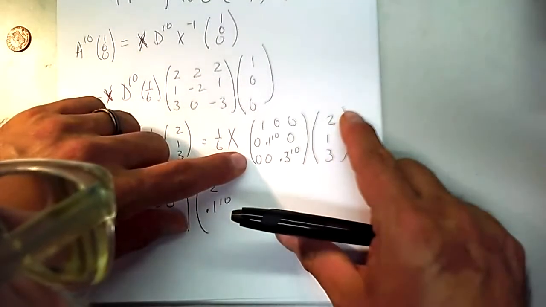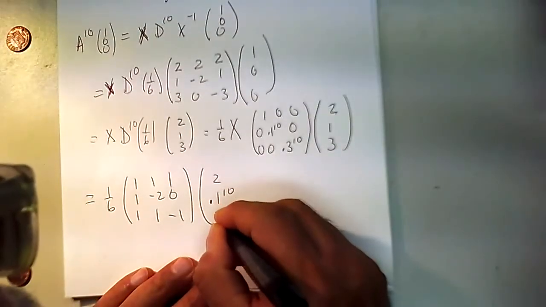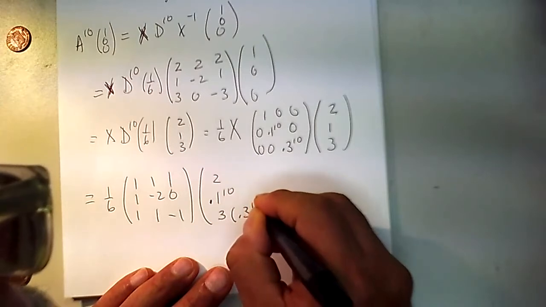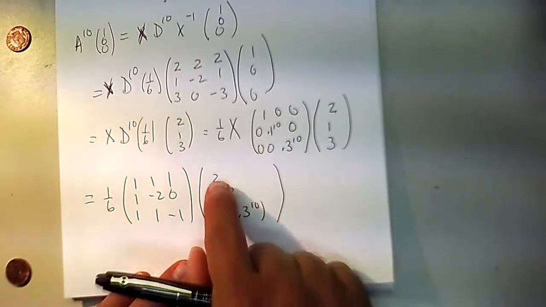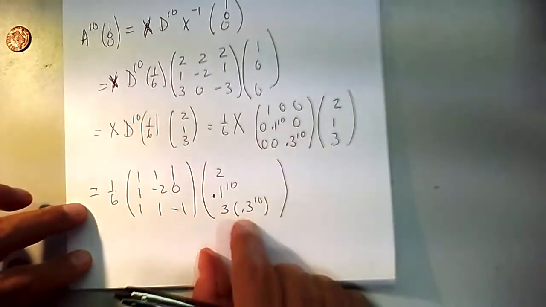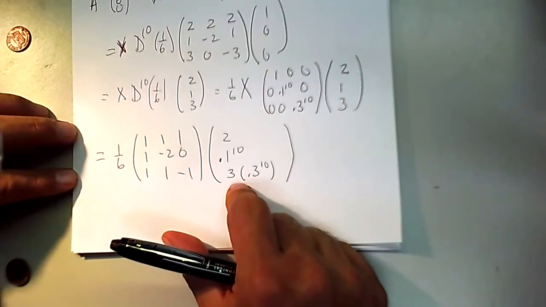And then 3 times, that is interesting, 3 times 0.3 to the 10. Yep. So this is just a column vector. This number is kind of weird looking, but it is just a column vector.